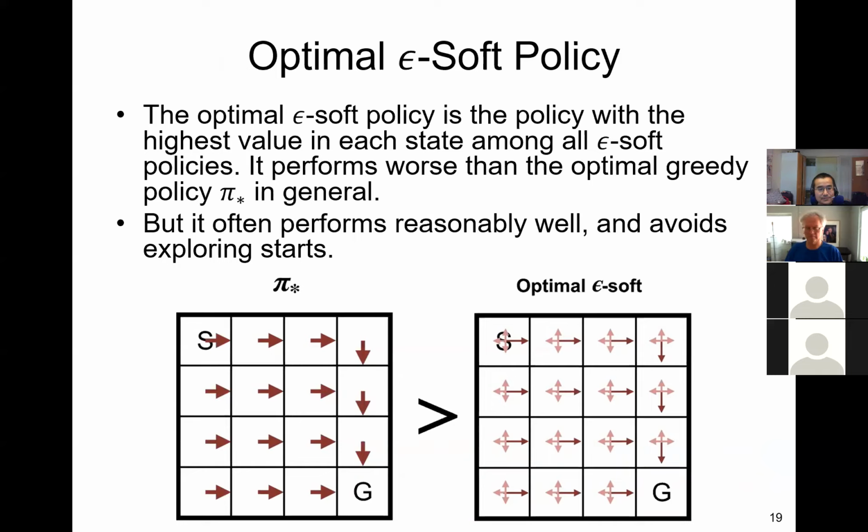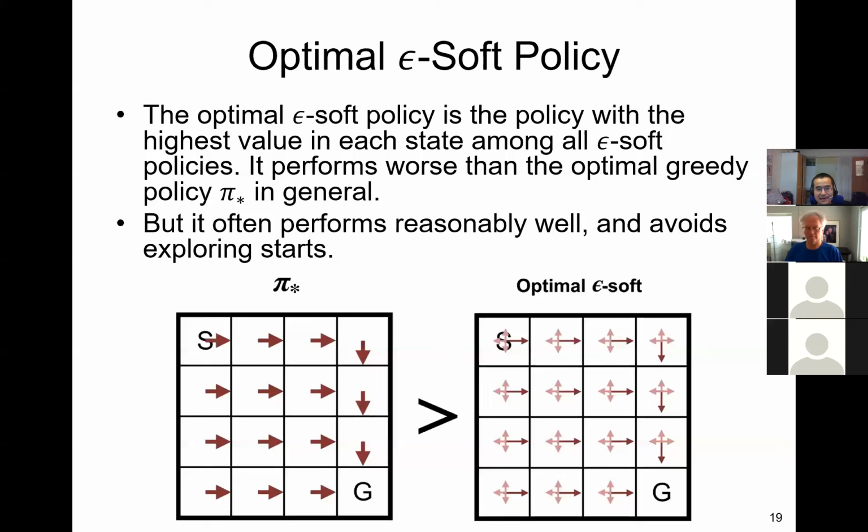So the optimal epsilon soft policy or epsilon greedy policy is the best policy with the highest value in each state among all epsilon soft policies. So in general, it performs worse than the optimal greedy policy pi star. In general, the greedy policy with the optimal Q value function is the optimal policy.